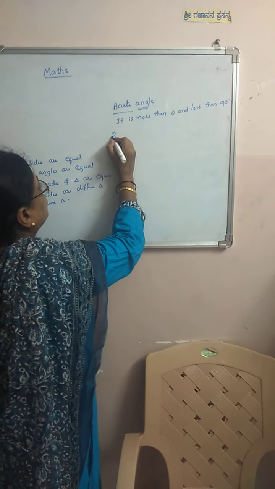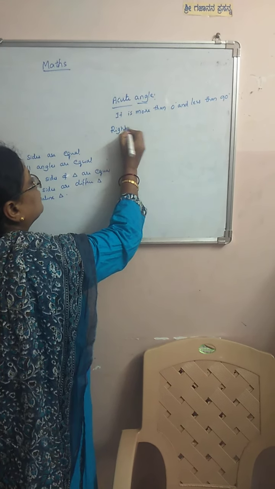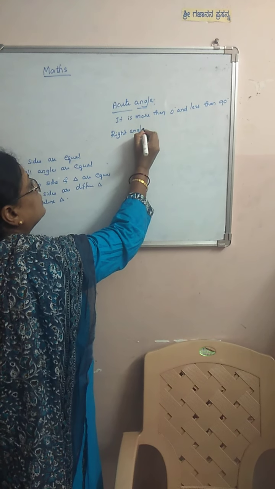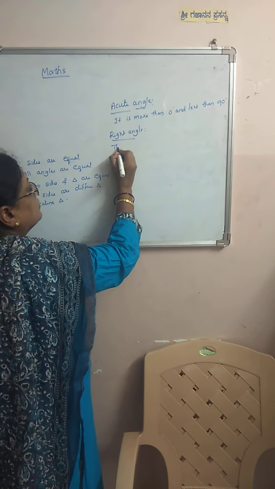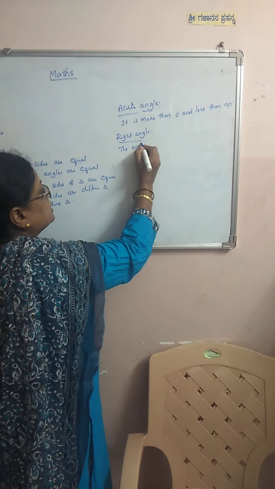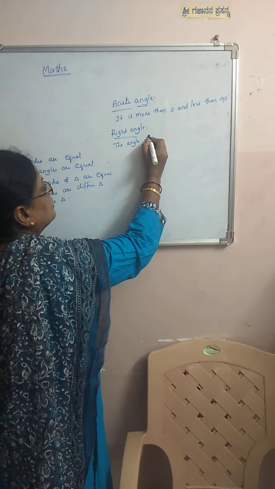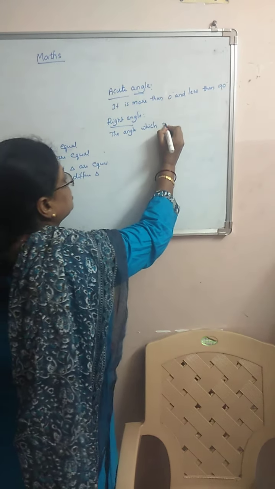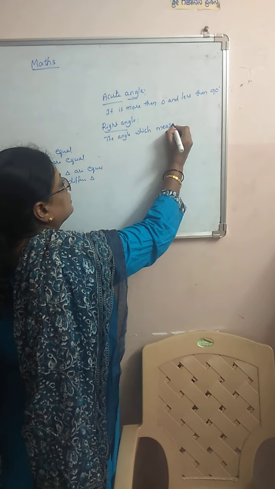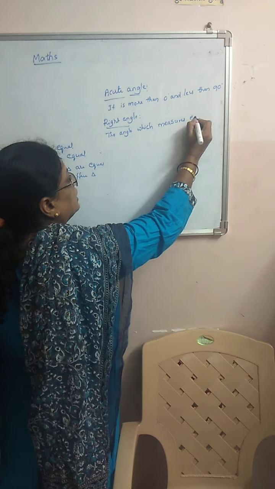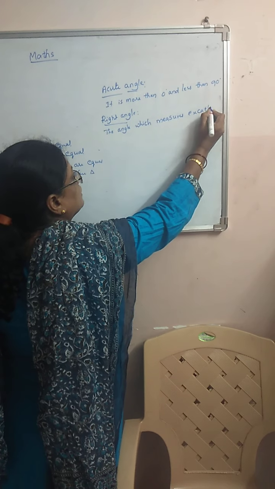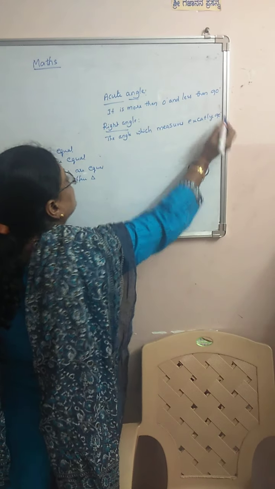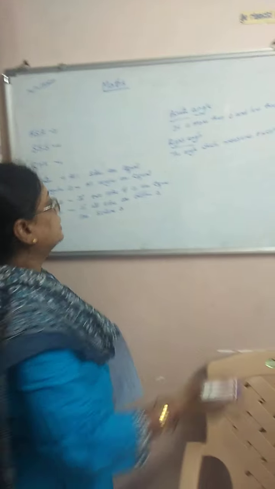Next comes right angle. What is right angle? The angle which measures exactly 90 degree, then the angle is said to be a right angle.